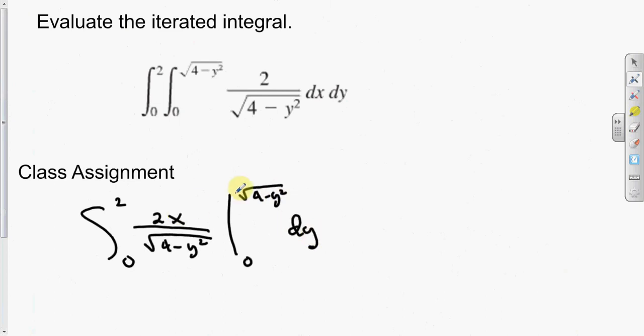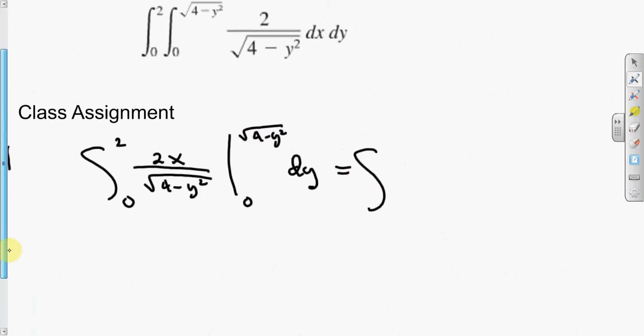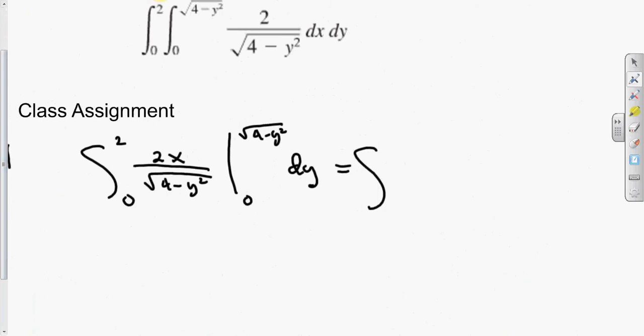Replace the x with the square root of 4 minus y squared, so it's just the integral from 0 to 2 of 2 times the square root of 4 minus y squared all over the square root of 4 minus y squared. Evaluate at 0 for x, you just get 0, so this is dy.